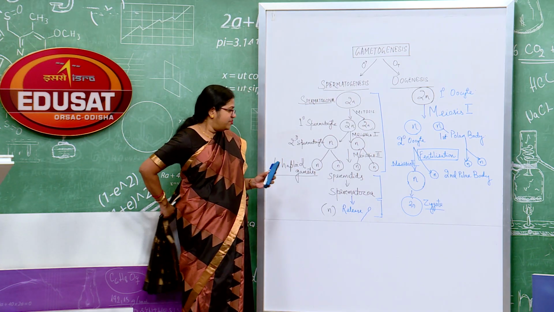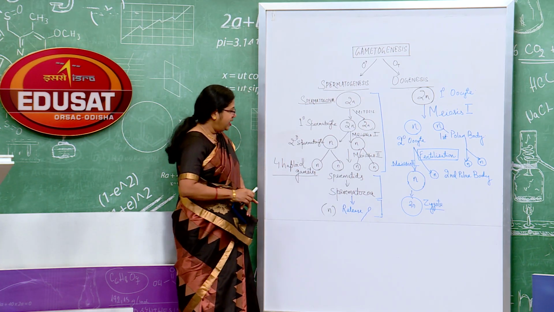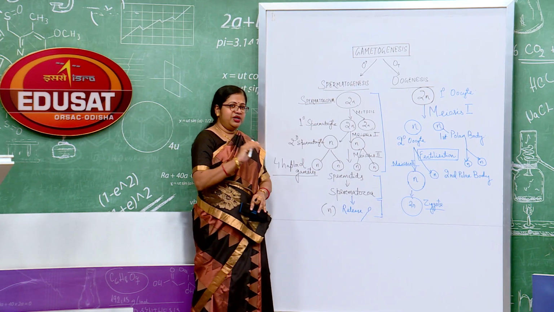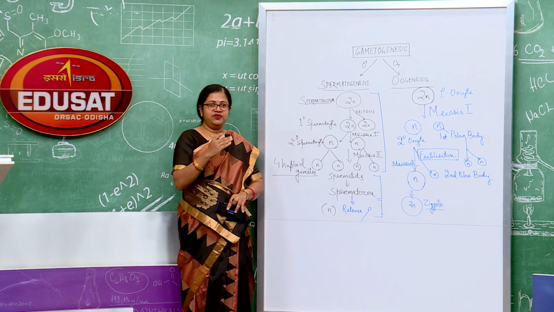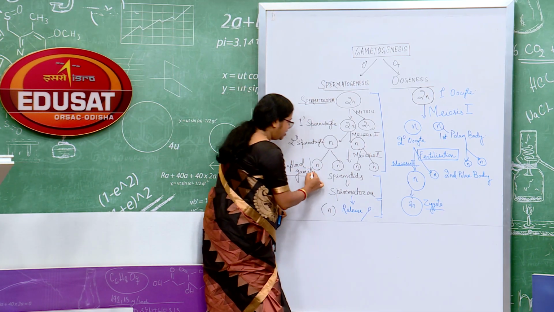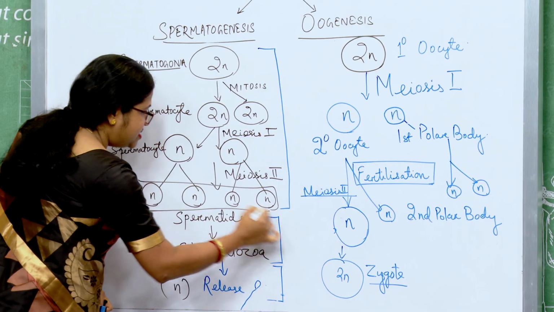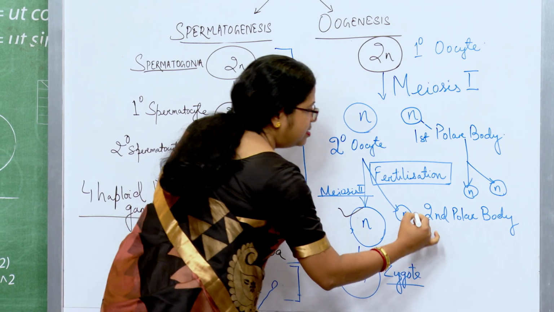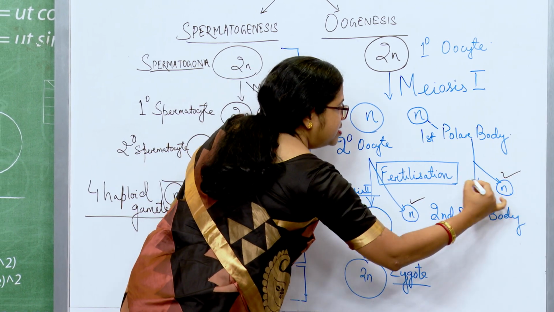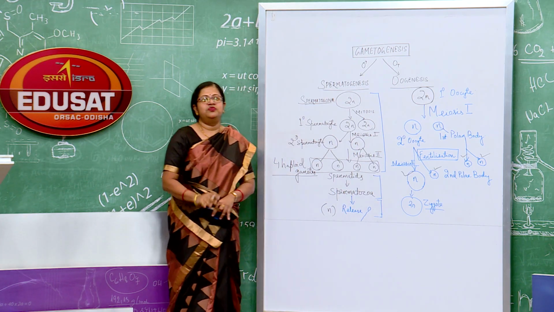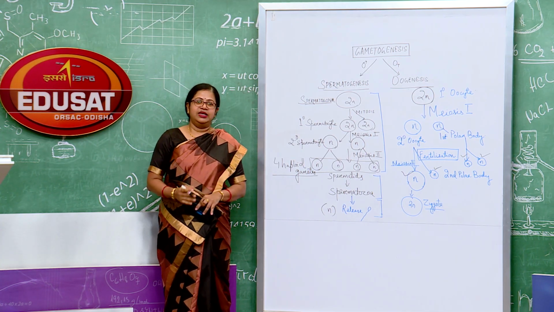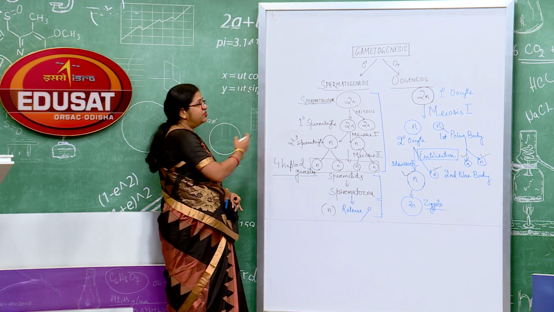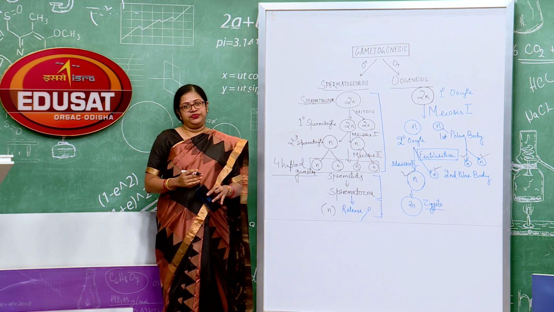Now what is the most exciting part over here? See, nature does not differentiate between a male and a female. Here we get 4 haploid cells. Here also we get 4 cells. So there is absolutely no differentiation in nature even when we come to gametogenesis.